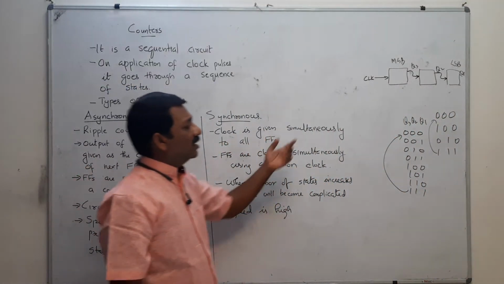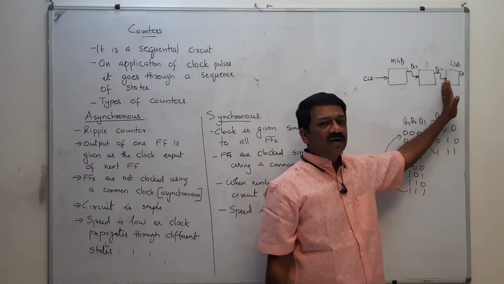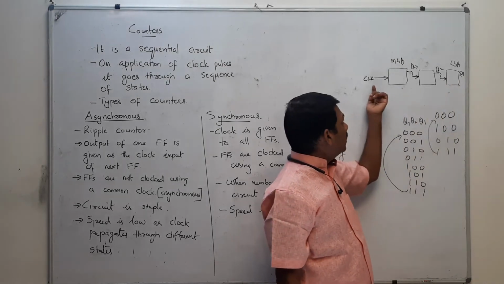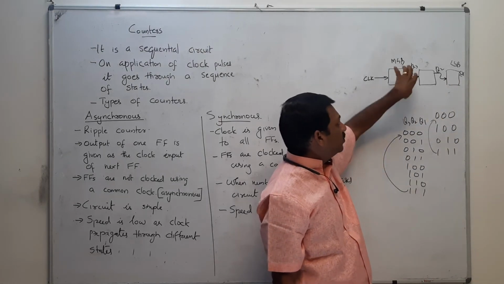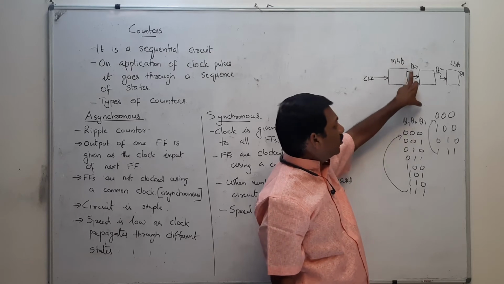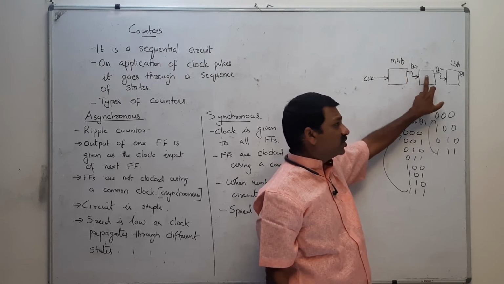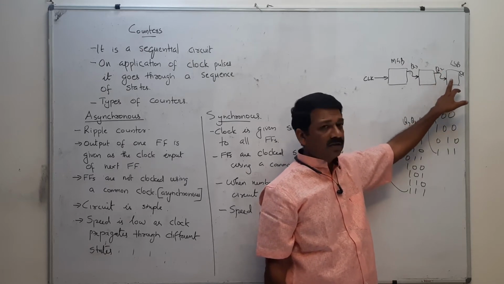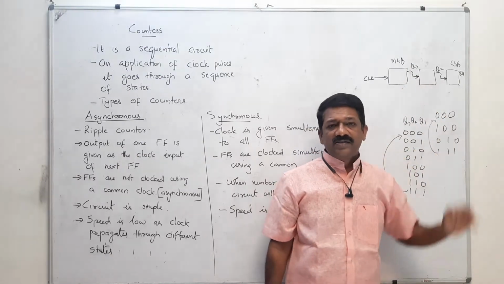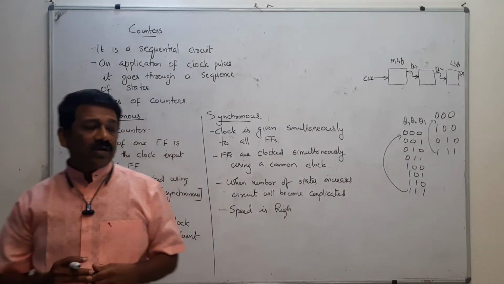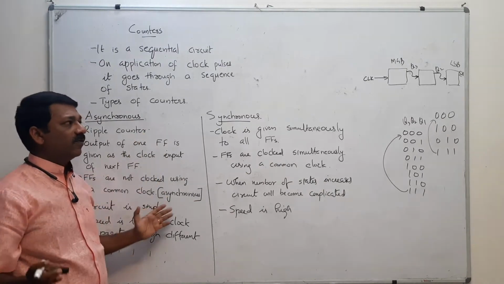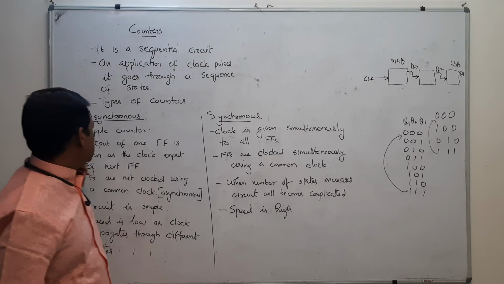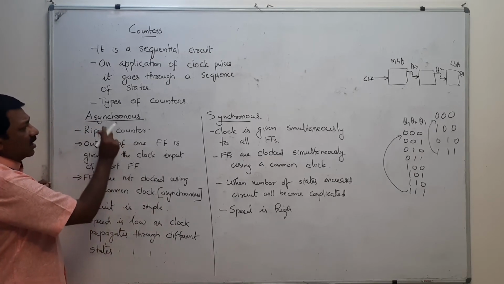That means here all these flip flops are not triggered using a single clock. Here an external clock is given to this flip flop. The output of this is fed as the clock pulse of this, and the output of this flip flop is given as the clock pulse of this. And this is an example of an asynchronous counter. In a synchronous counter, all the flip-flops are triggered using a common clock. See, this is called a ripple counter.